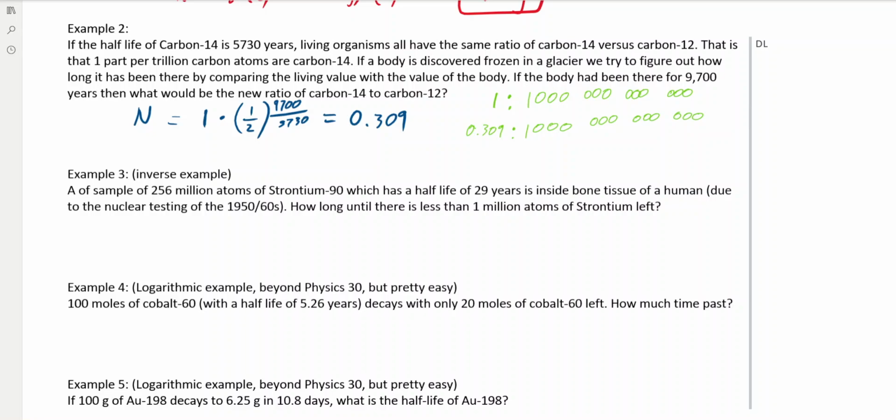So let's just call it 3, and we'll move this over by 1. So now it's 3 in 10 trillion. So 3 in 10 trillion is the new ratio. All we had to do was move the decimal over 1 here, and we also moved the decimal over 1 position here. That's all we did.